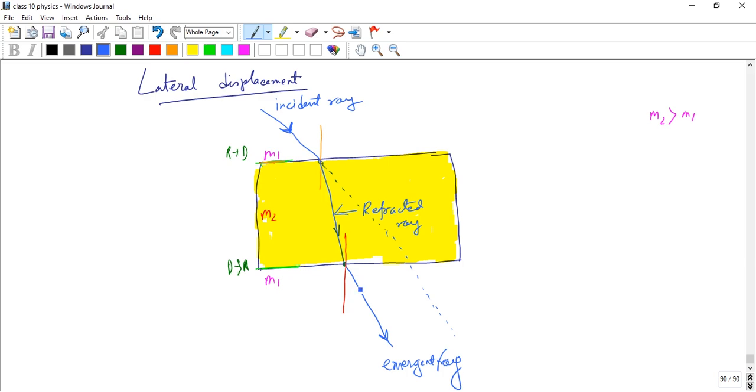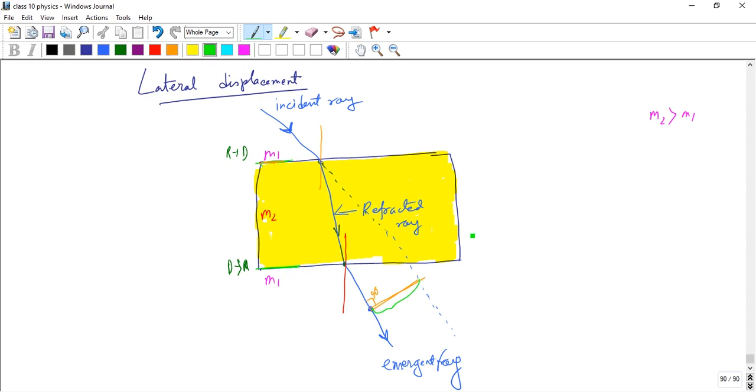Due to the deflection, if I draw a point here and draw a perpendicular from that point to the emergent ray, this angle is 90 degrees.